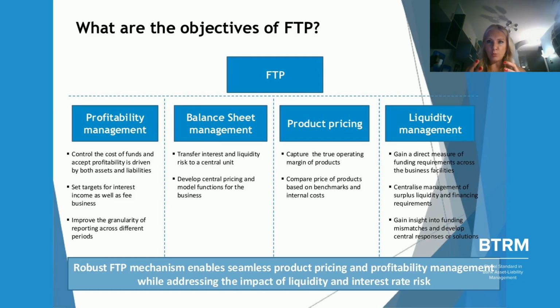So what is the benefit of having it centralized rather than decentralized? Because you have a person or team which is looking at the risks at the central level. So you see everything at the helicopter view, which I like to call it.